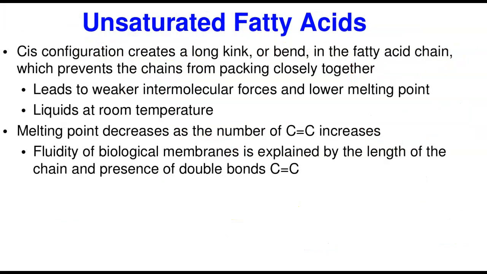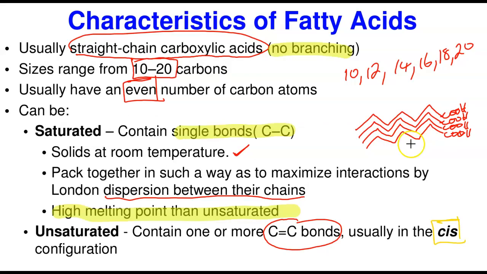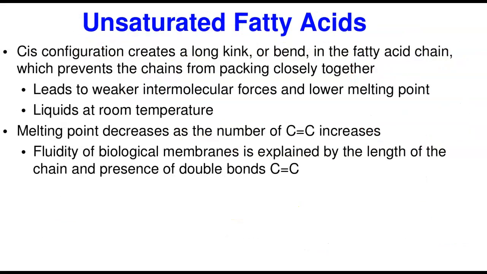The cis configuration creates a kink or a bend in the fatty acid chain, and this prevents them from packing the way the saturated fatty acids do. So their packing is not organized, and therefore they have a lot of open spaces. Because of these open spaces, it leads to weaker intermolecular forces, particularly London dispersion forces, and as a result they have a lower melting point.